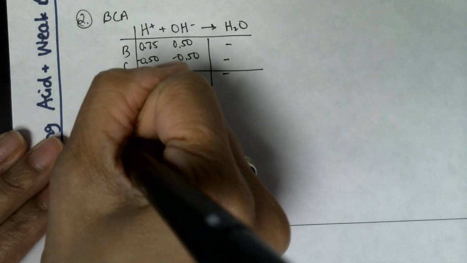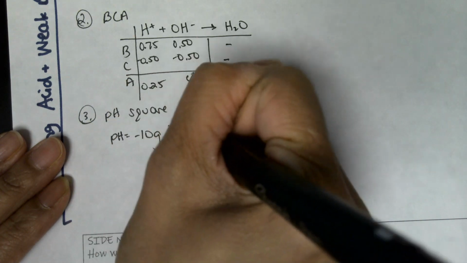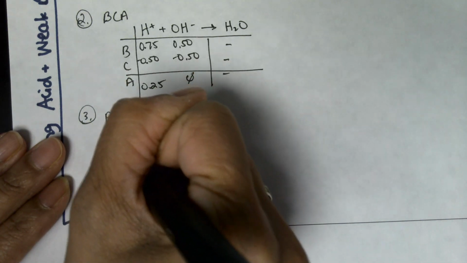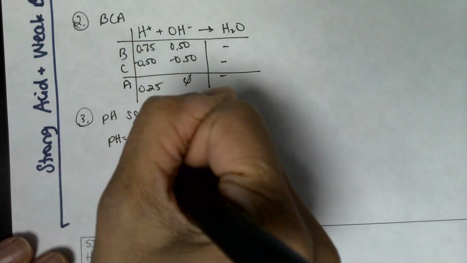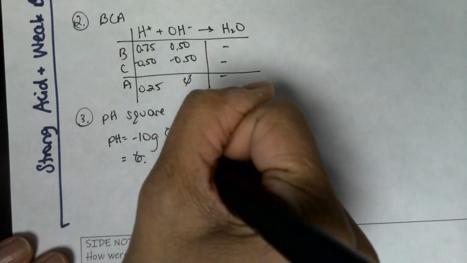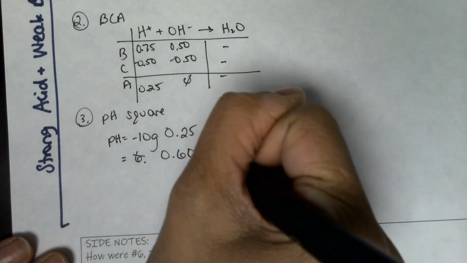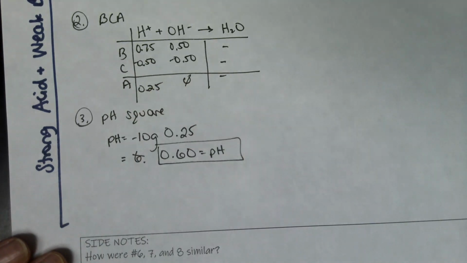So here we can say that pH is equal to the negative log of your H plus concentration, which is 0.25. So that should be equivalent to negative log 0.25. Actually, give it to me in scientific notation. So 0.60 is my pH. All right, cool.